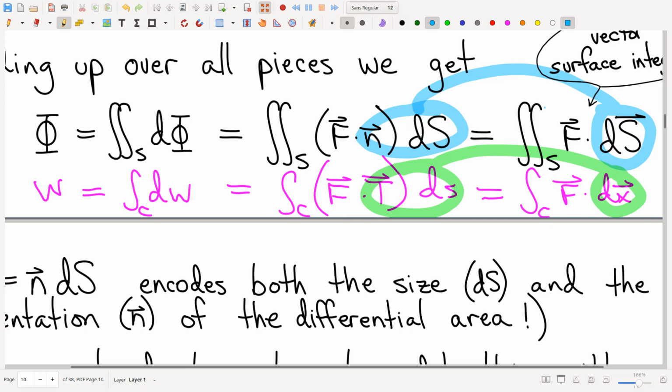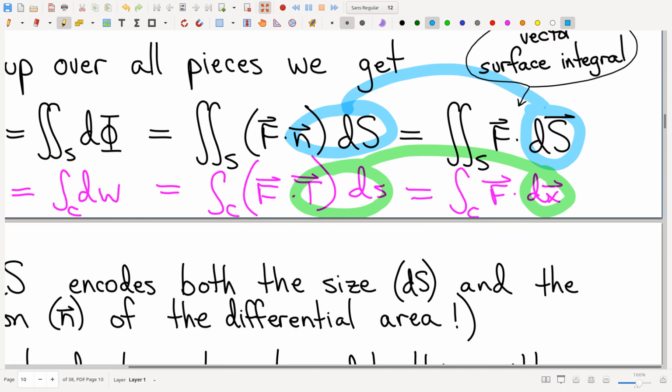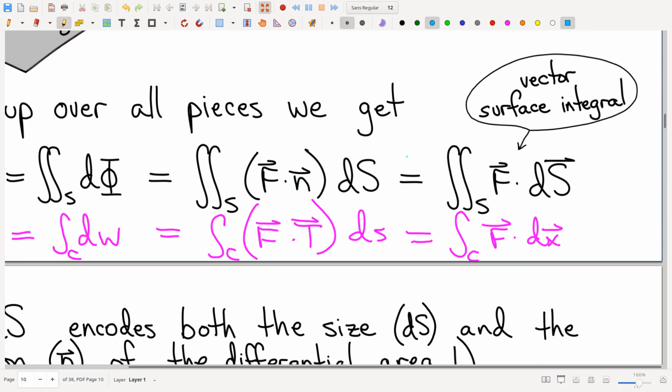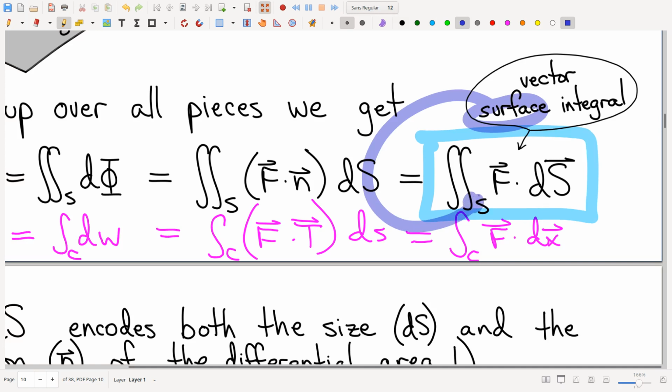Everybody happy? So having done that, now I think it's an easier pitch to explain why I would like to call this new construction here a vector surface integral. Surface, for obvious reasons, my domain is a surface. Well, yeah, of course, that's clear.